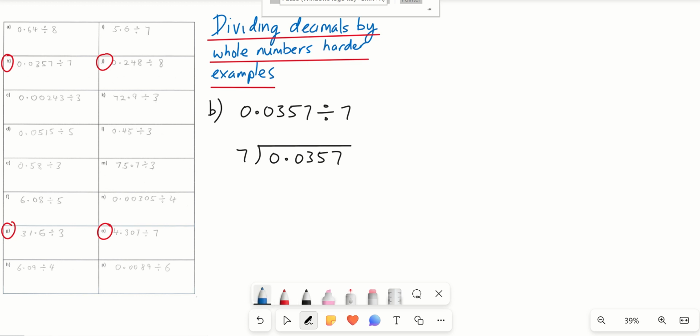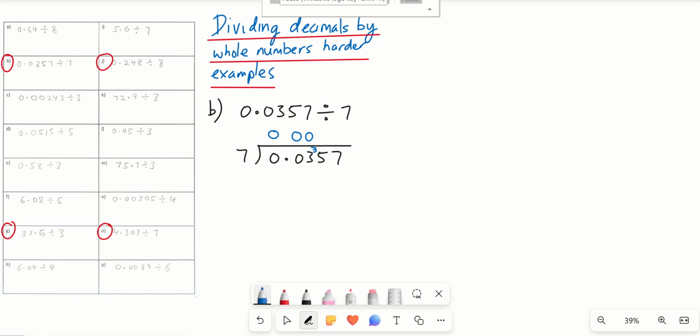So really quickly, starting with the first digit in the dividend, we have 0 sevens going into 0, 0 sevens going into the next digit, which is 0, and then we have 0 sevens going into 3. Now this gives us a remainder of 3, which is combined with the 5 in the next column to form 35.